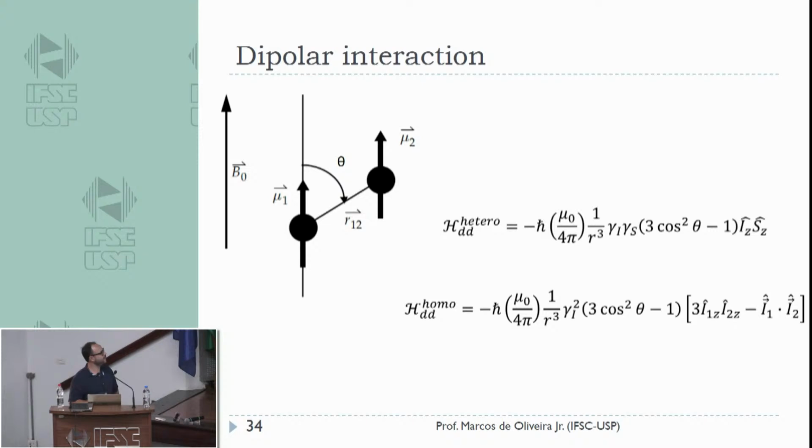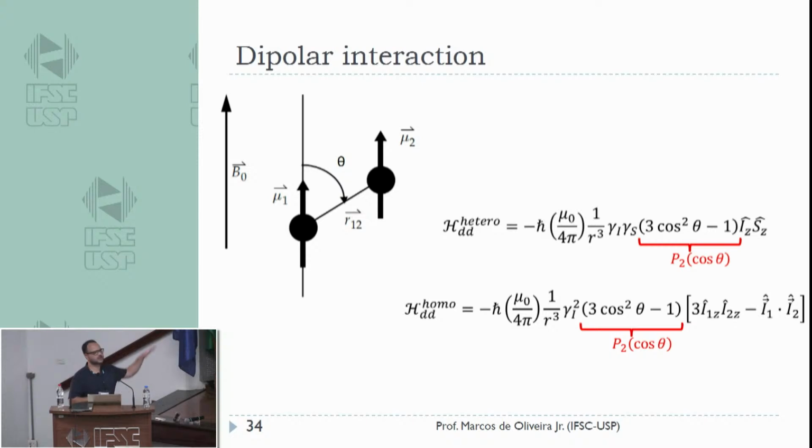So the main interaction here is between IZ and SZ, where I and S are the two spins that are interacting with each other. The heteronuclear interaction has this shape here, and the homonuclear interaction has this additional factor here that we call flip-flop interactions. But in both cases, we have the same angular dependence that we see for the chemical shift anisotropy.